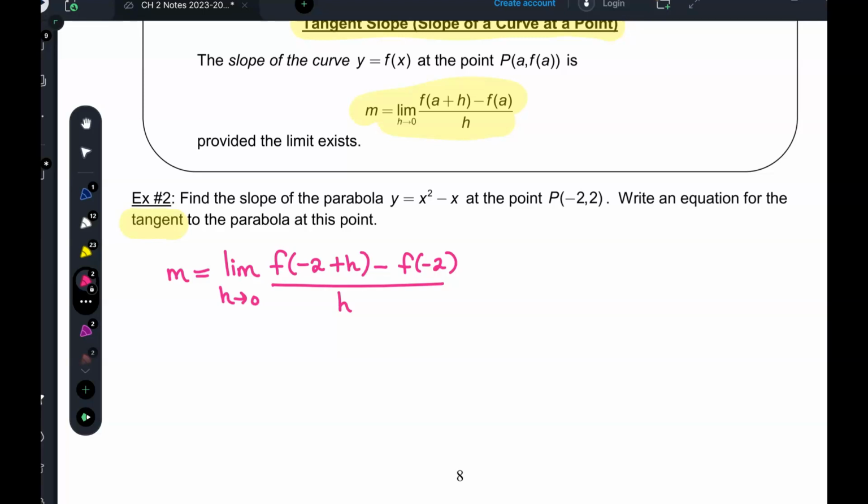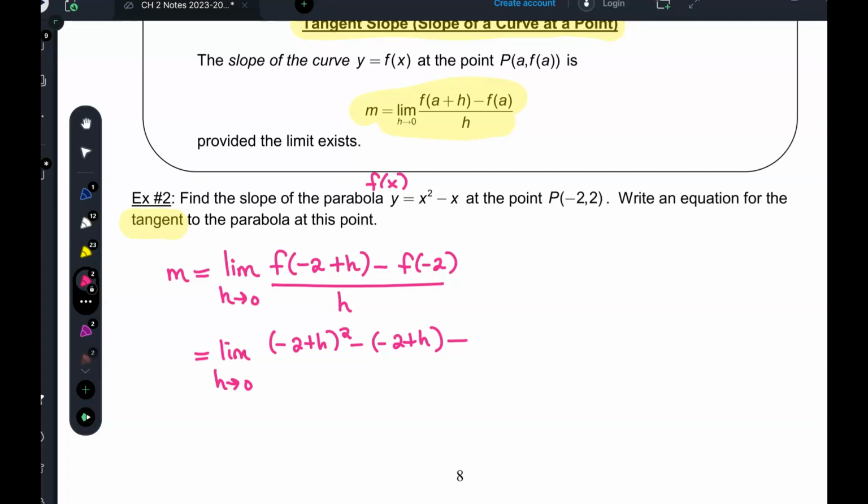Right? Oh, got it. Because that's our x value we're plugging in. Okay, and now we're going to plug it into our f of x. So we have the limit as h approaches 0 of -2 plus h squared minus -2 plus h, minus, what's f of -2?